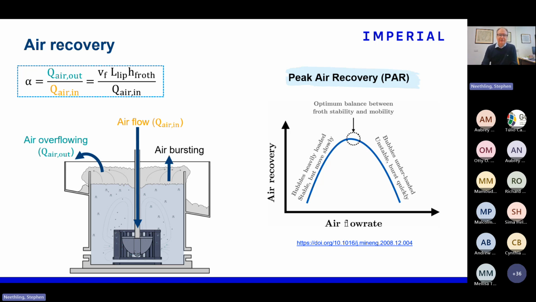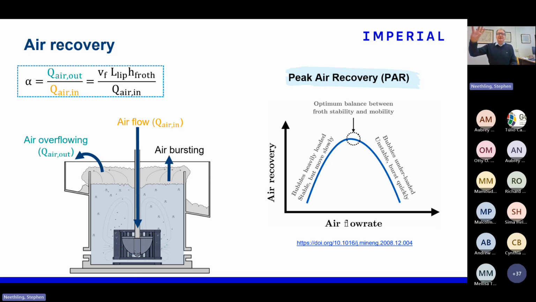And an interesting thing that was found, not by myself, but by other members of the group after we discovered that air recovery was an important parameter, was that as you increase your air rate into a flotation cell, we go through a peak in air recovery. So initially, as you increase your air rate, the amount of air bursting is going up slower than the amount that is being added.